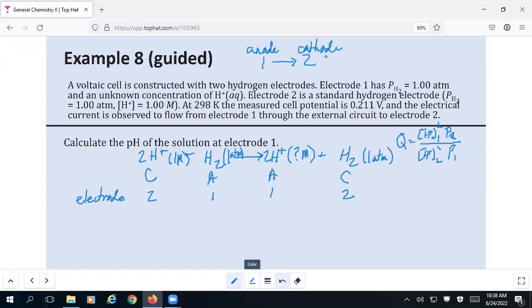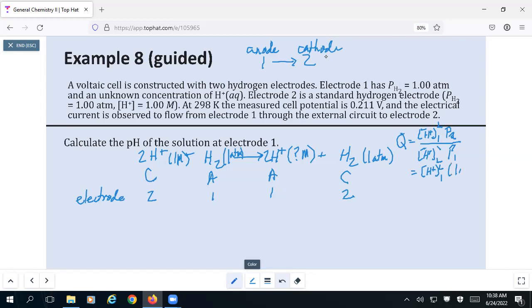Well, since most of those values have been determined for us, the only one we don't know is the concentration of the hydrogen ion at electrode 1 squared.